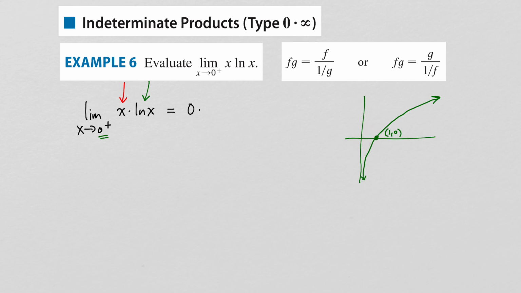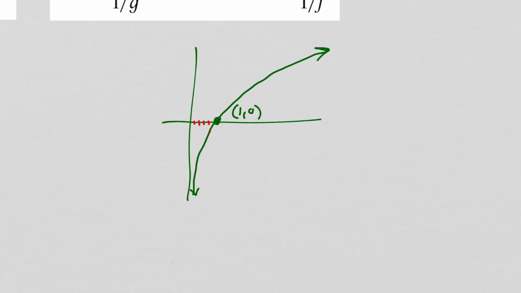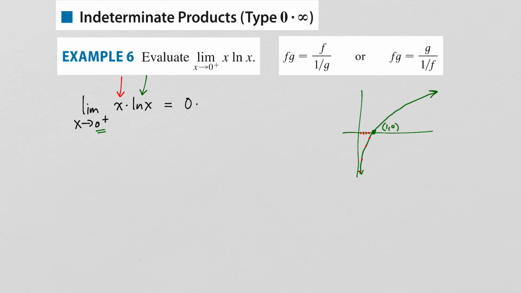And we can see as that happens, the values of natural log are going down, right? And this is unbounded. So the natural log values are going to negative infinity. So what we have here is 0 times negative infinity.